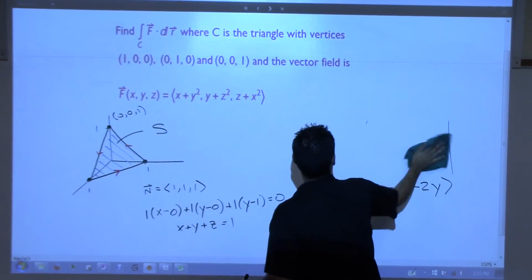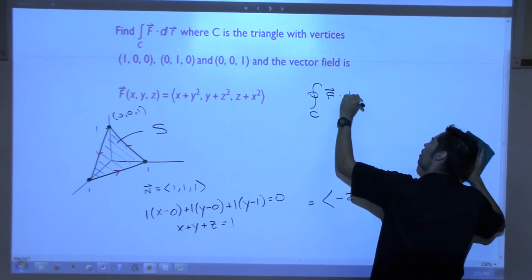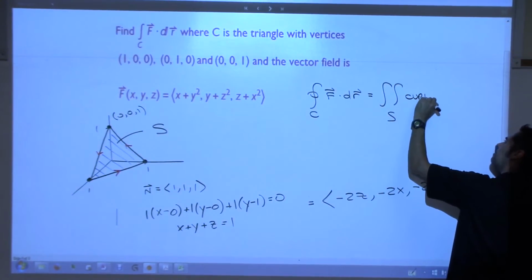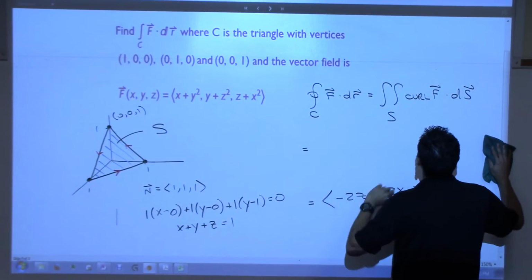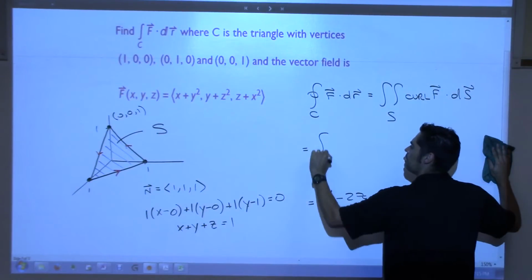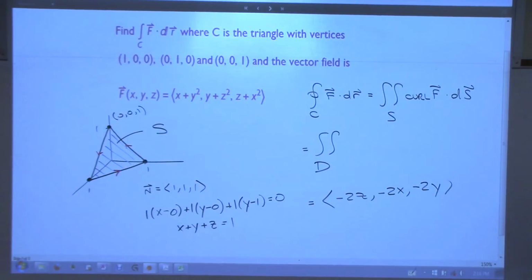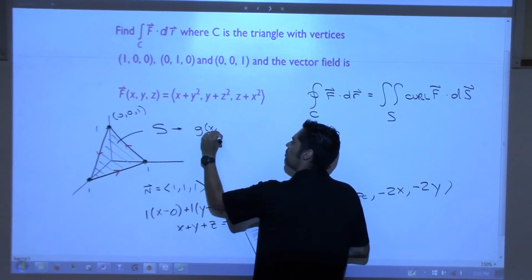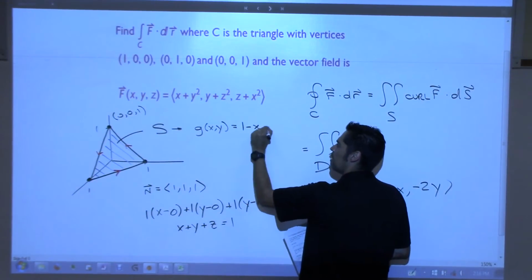So I'm doing the following. The line integral over C of F dot dr has become the surface integral over S of curl of F dot dS, but that has become a special case where I'm going to integrate over D. I'm using a special formula from 13.7 when my surface S can be written as a function of two variables, which is 1 minus x minus y.